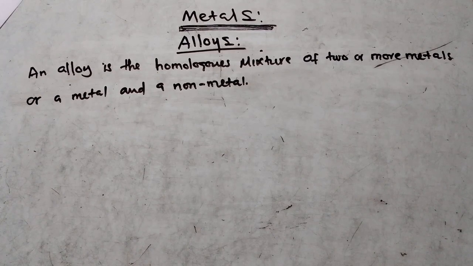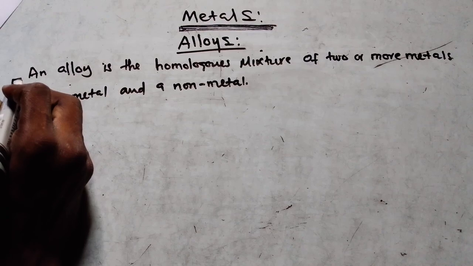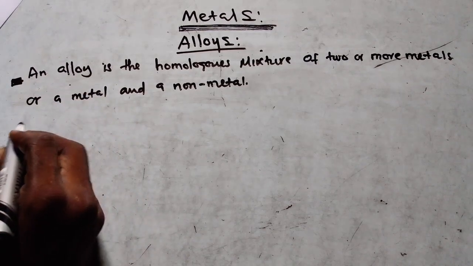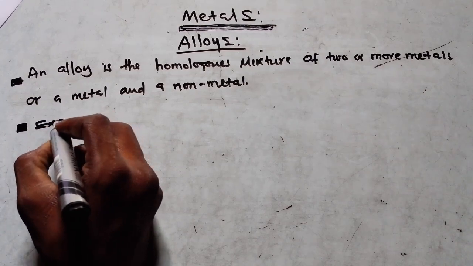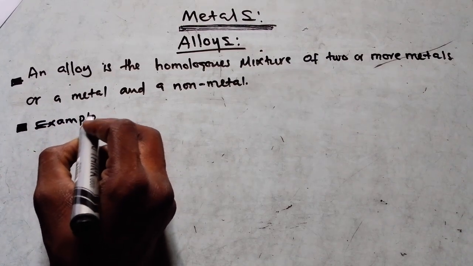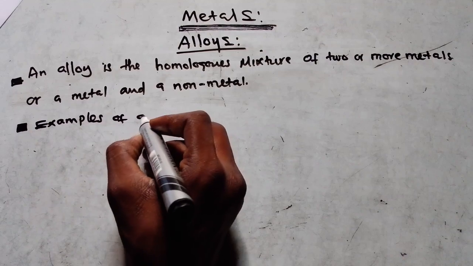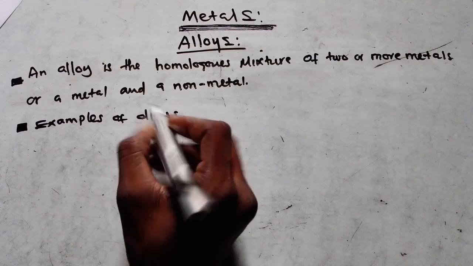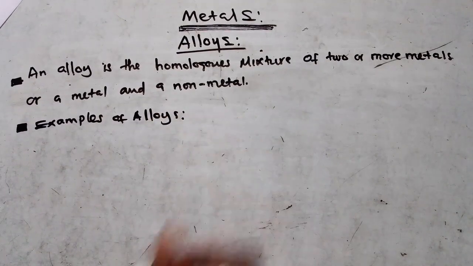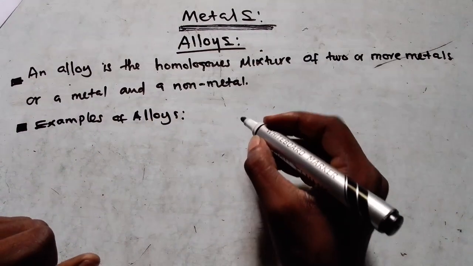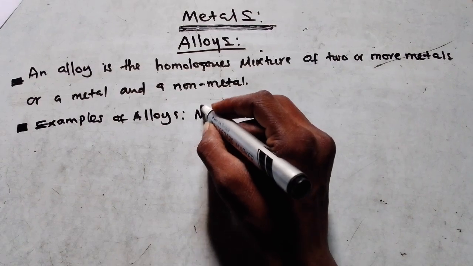So what are some of the examples of alloys? Here we have the examples of alloys. The first one that we have is mild steel.